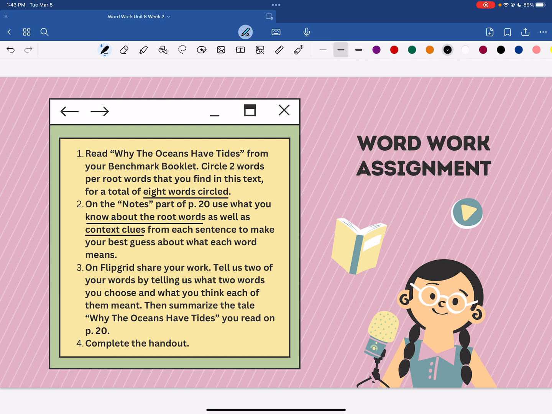You're going to use your understanding of root words and context clues from the sentences you find these words in in order to make a guess. It does not need to be perfect. I need to know why you guessed that by your annotations on your page. And make a guess based on facts about what each of the 8 words you circled mean. Write your guess on the side of the page.